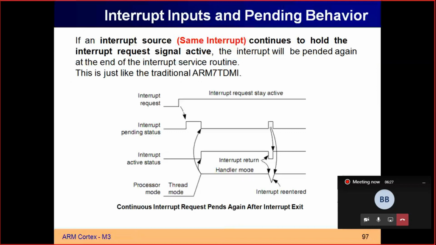So the pending status bit will be high again. The ISR will start anew, the same ISR will start executing again, and the active status bit will be high. So whenever the same interrupt source continues to hold the request signal high for a longer amount of time, it will be taken as a new interrupt. That means the same interrupt will be pended again.